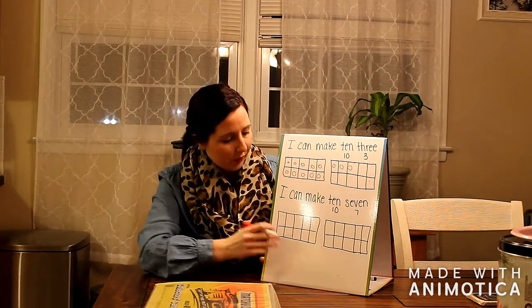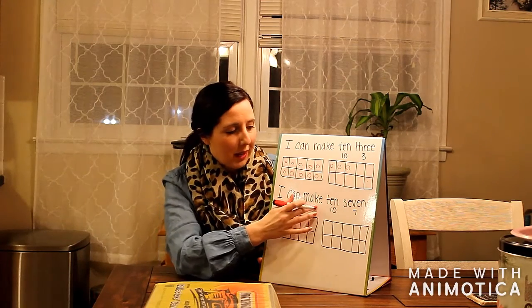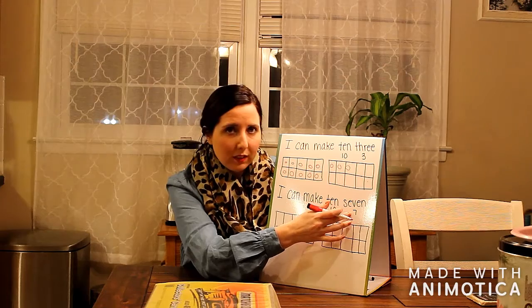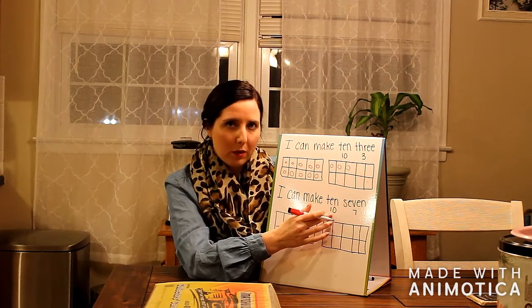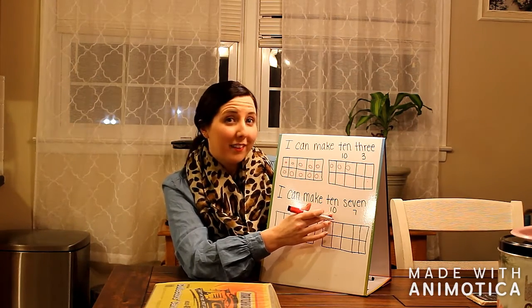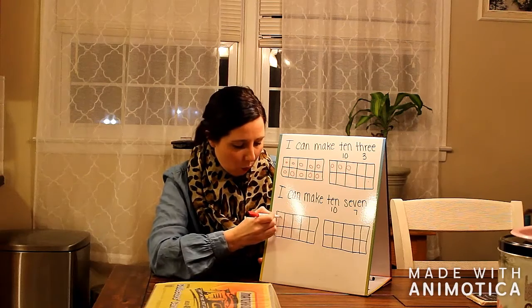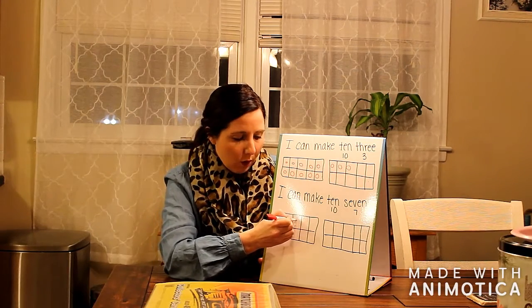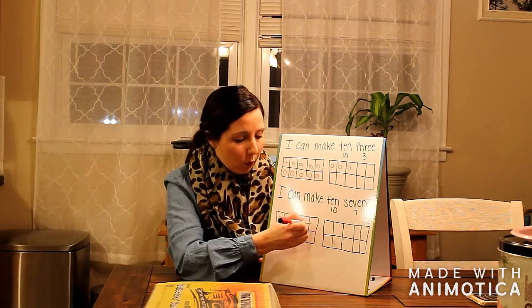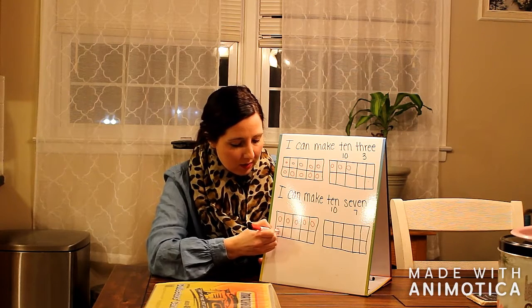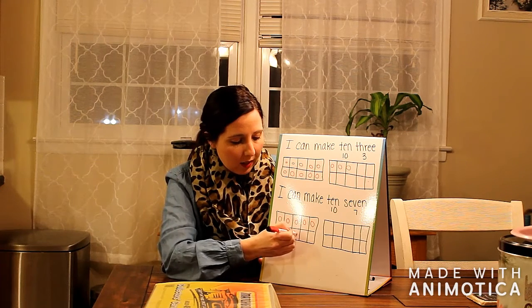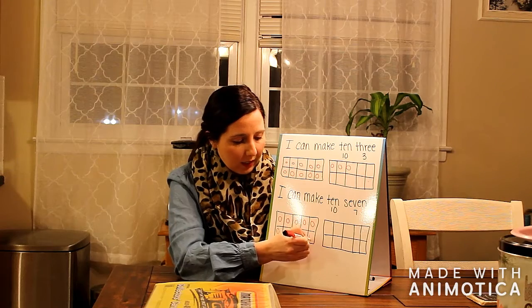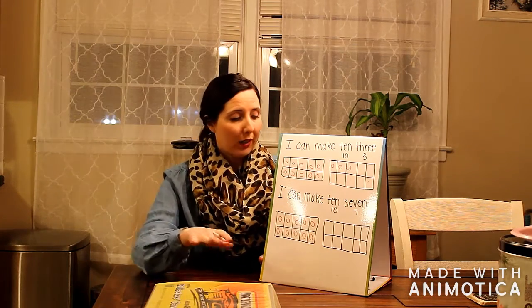Let's do one more. Our next one says I can make 10, 7. So the first number I'm going to make is, that's right, I'm going to make a 10. 1, 2, 3, 4, 5, 6, 7, 8, 9, 10. I'm going to stop right there.